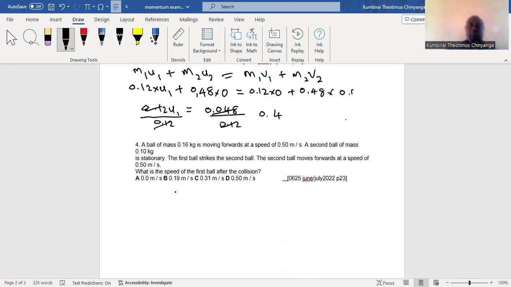I'll give you a chance to just try out question 4. And as before, I think you are right in assuming that the two objects, since they separate, all right. And then we go on to substitute.